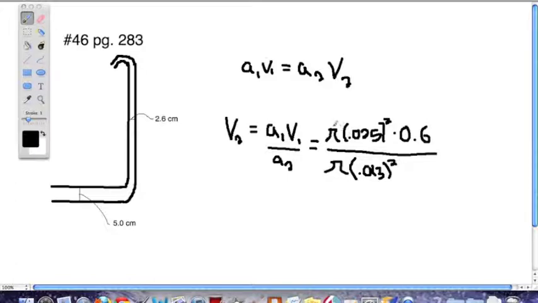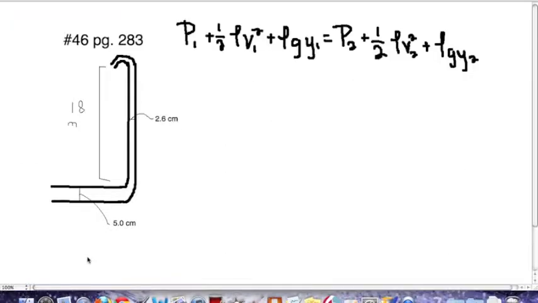Now you can obviously cancel out pi, and when you run that through your calculator, you get 2.219 meters per second. And you can use this to solve the next part of the problem.